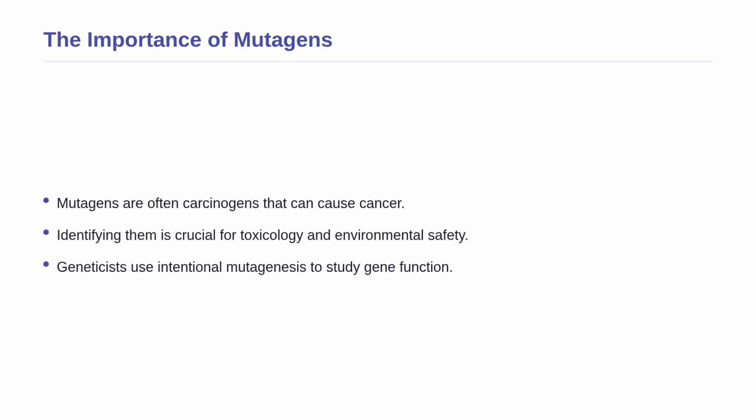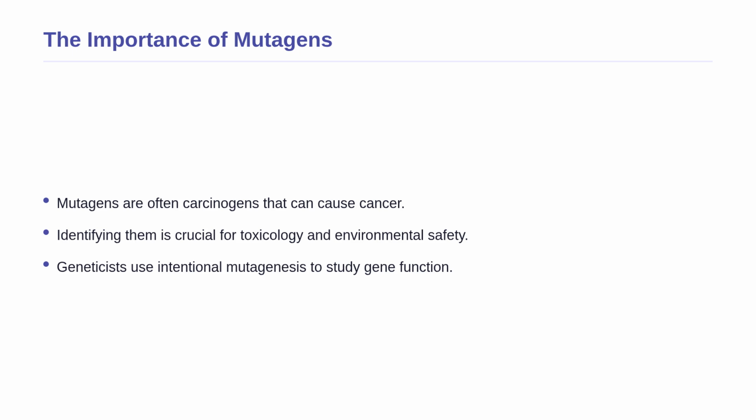Now that we understand how they interact with DNA, why do we care about them? In the real world, understanding mutagens is the absolute foundation of cancer biology, toxicology, and environmental safety. Because mutations are changes in the genetic code, mutagens are often also carcinogens, meaning they can cause cancer by disrupting the genes that control cell division.